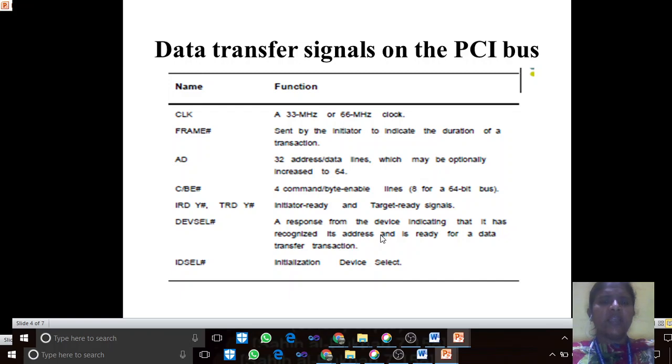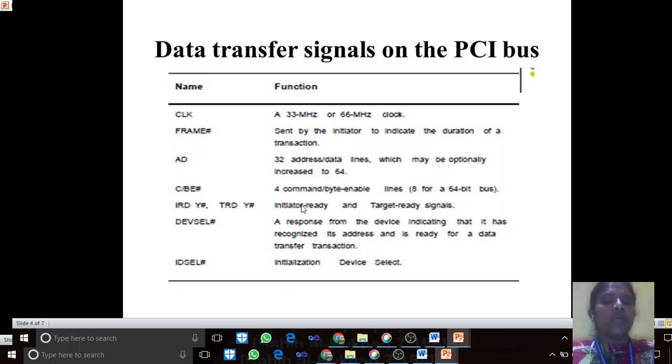You can see the data transfer signals on the PCI bus. A clock, which can be 33 megahertz or 66 megahertz. FRAME#, which is sent by the initiator to indicate the duration of the transaction. AD, 32-bit address or data lines, which may optionally increase from 32 to 64.